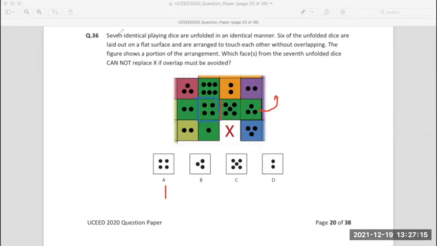A and C. A and C, absolutely. A and C are the only ones, because they are in the middle here. They cannot replace this X. You don't even need to draw the position of other unfolded dices also. We can simply say, just because 4 and 5 are bang in the middle, like here, we cannot put 4 and 5 in the X box.